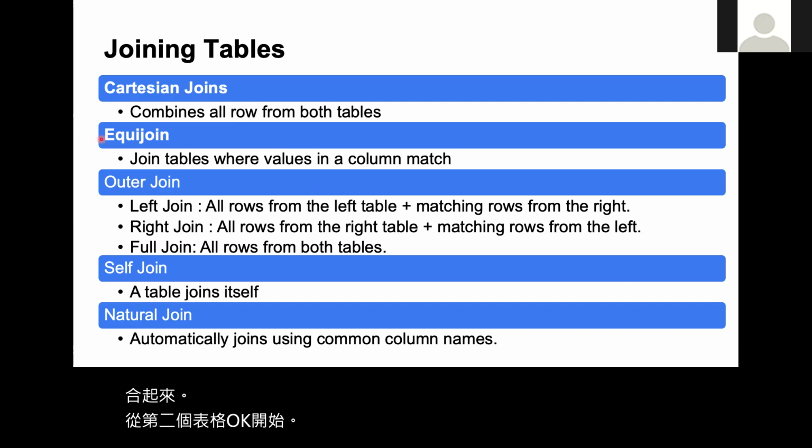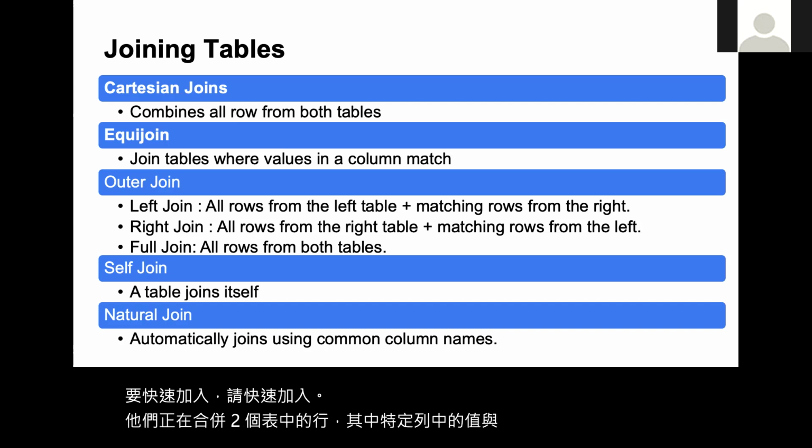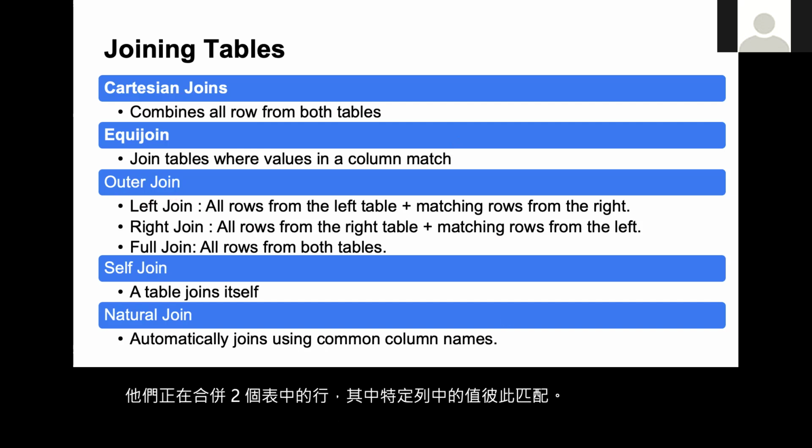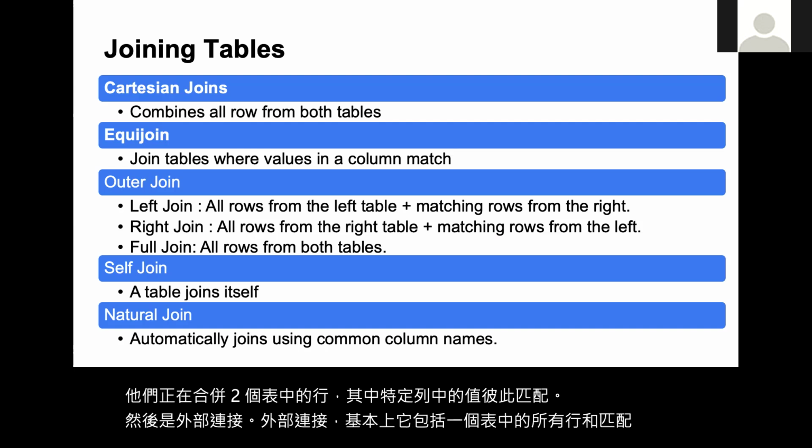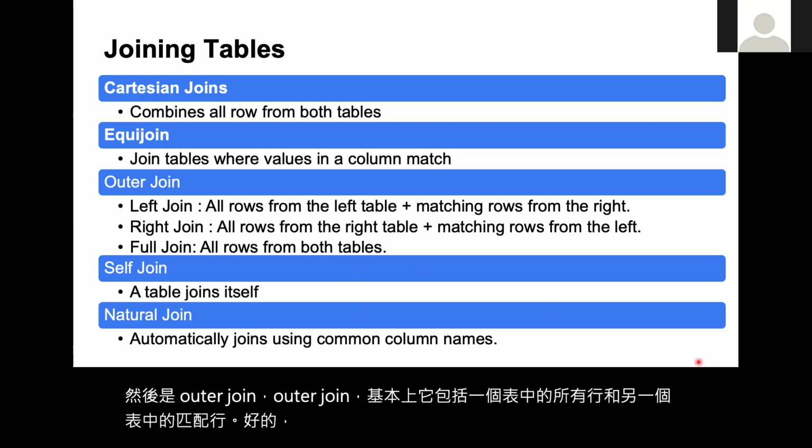And for inner join, they combine the rows from the two tables where the values in a specific column match each other. And then the outer join basically includes all the rows from one table and matching rows from another table. This is called outer join.